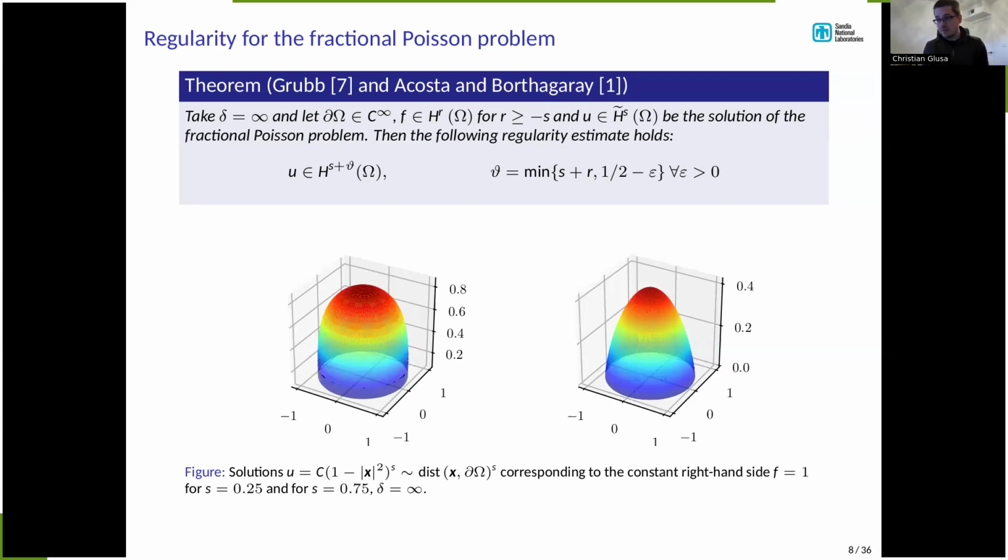I mean, they have a lot of interior regularity, but the regularity close to the boundary is really quite low. And this is also reflected in this regularity theorem, which essentially says that you at most get an order 1/2 pickup of regularity. Next slide, please.